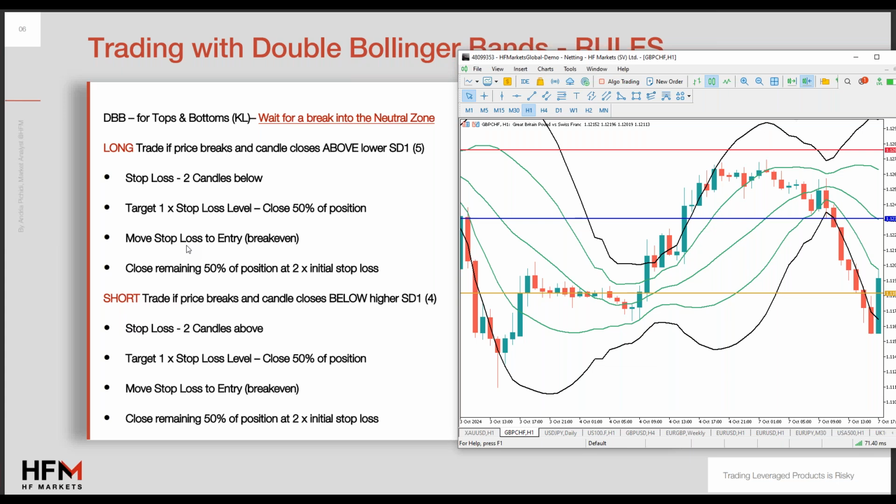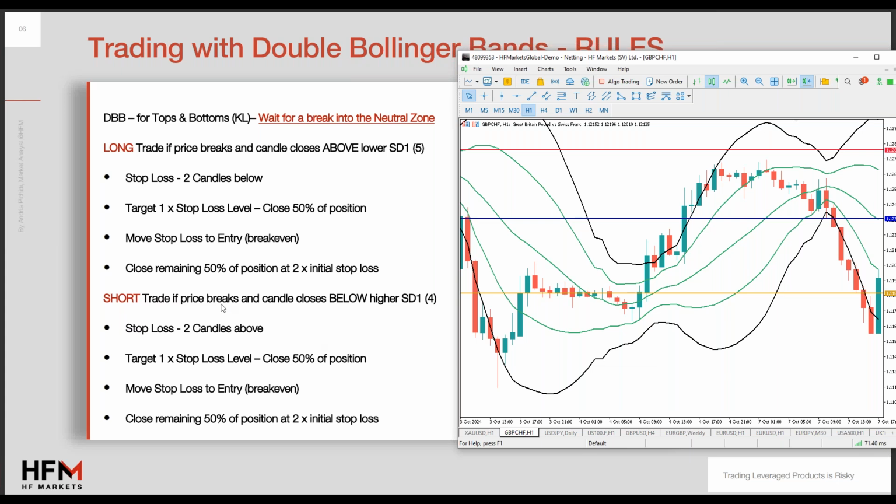Or if you want to use more than 2 targets, please make sure that you have not left a big portion of your position open. It's wise to use, let's say, 40, 40, 20%, or 50, 30, 20%, and so on and so forth.